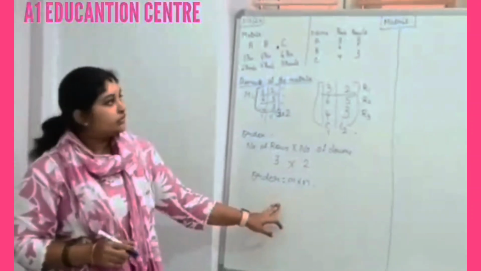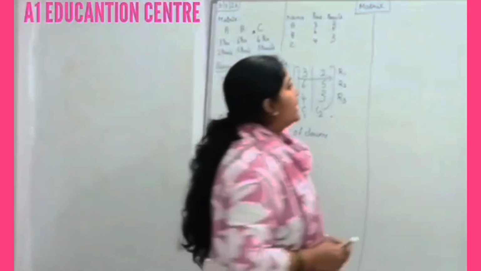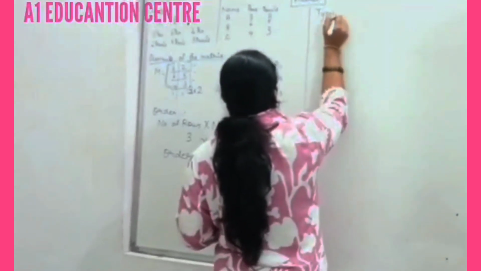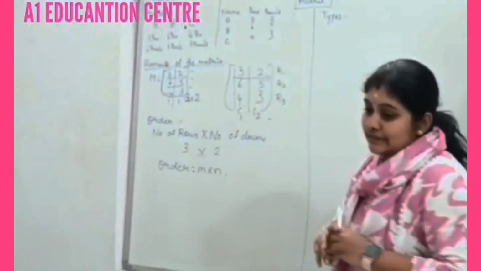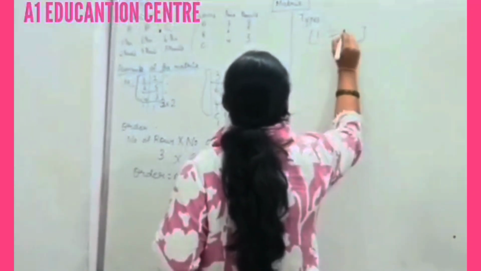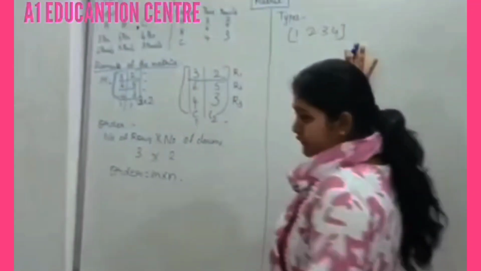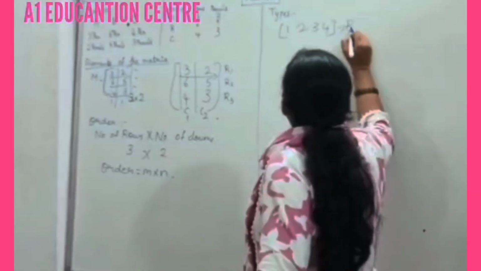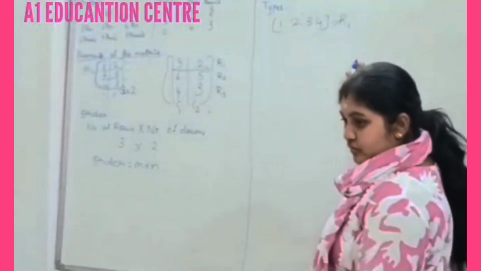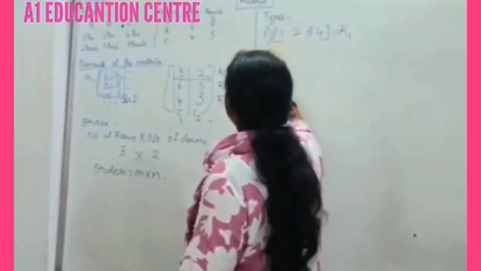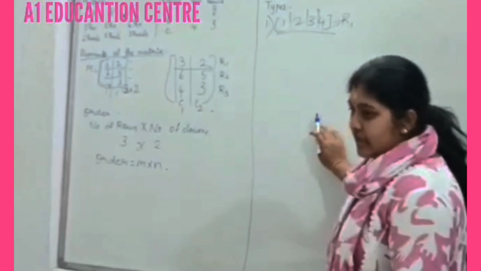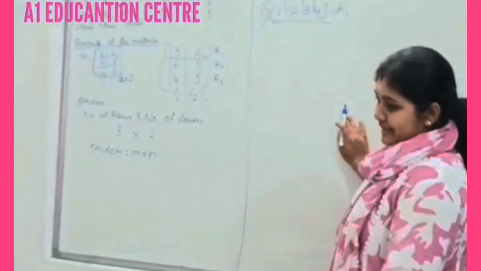So now we go to types of matrices. Under types of matrices, what is the first one? Row matrix. What do you mean by a row matrix? There will be n number of columns but only a single row. Only a single row but many columns, that is going to be a row matrix.